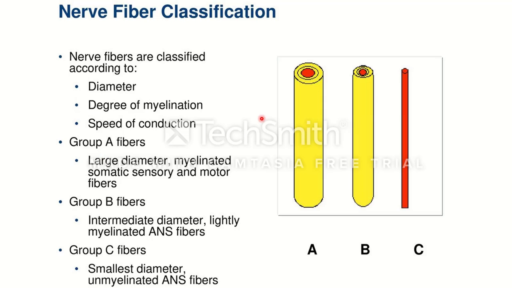And B-type neurons are thinner compared to type A, but still faster compared to the type C neurons. We can find these neurons in preganglionic neurons, I mean, in the autonomic nervous system. In the autonomic nervous system, we have ganglia.